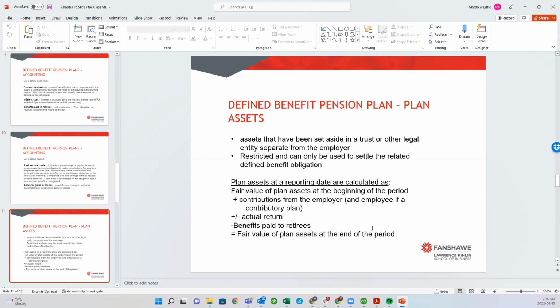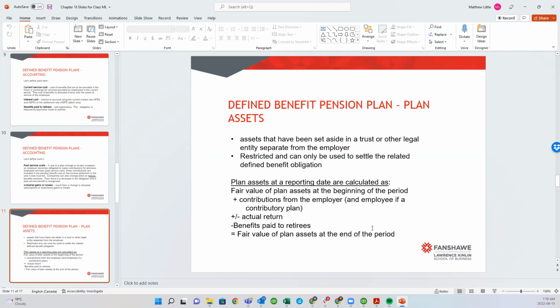So under the defined benefit pension plan side, you'll have your plan assets. So those assets are set aside in a trust and typically in a legal entity separate from the employer. And they're restricted assets. They can only be used to pay those benefit obligations, pension or post-retirement benefits. So now we've determined the defined benefit obligation. We need to also understand what the plan assets are.